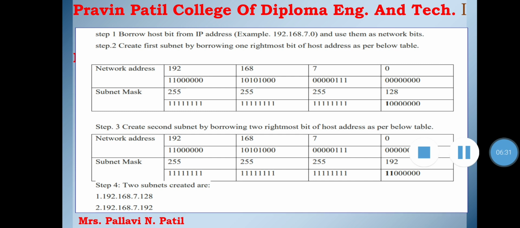Step two: create the first subnet by borrowing the rightmost bit of the host address as per the table. Step three: create the second subnet by borrowing the two rightmost bits of the host address as per the table. Step four: the two subnets are created like this: the first one is 192.168.7.128 and the second one is 192.168.7.192.